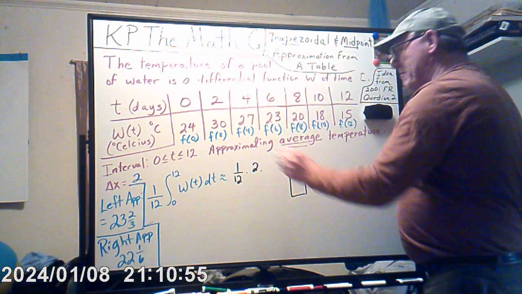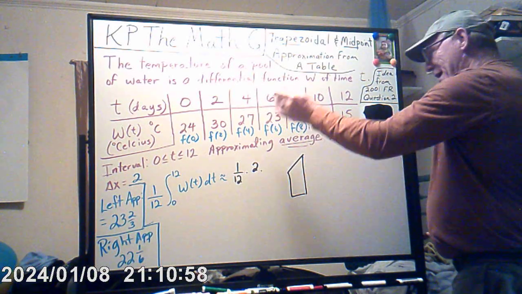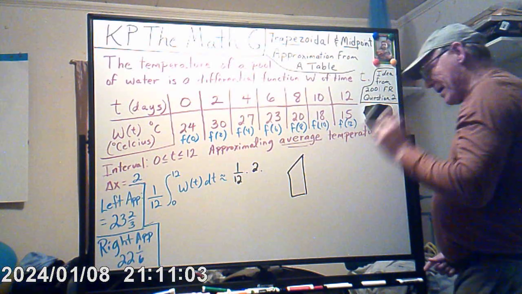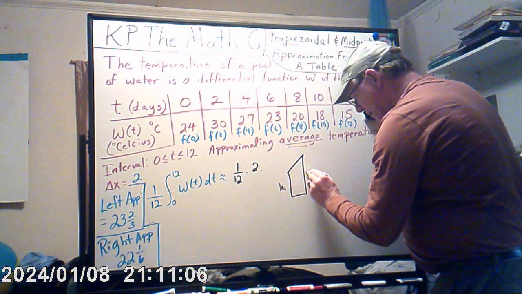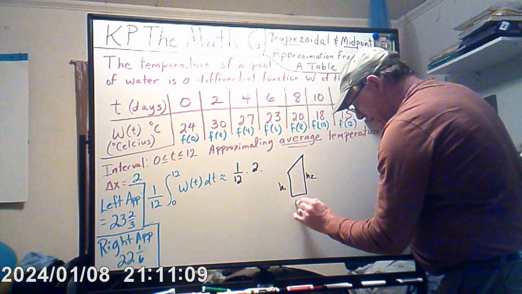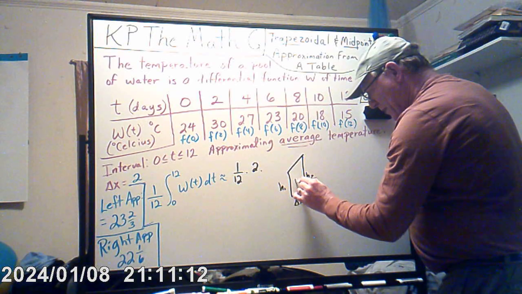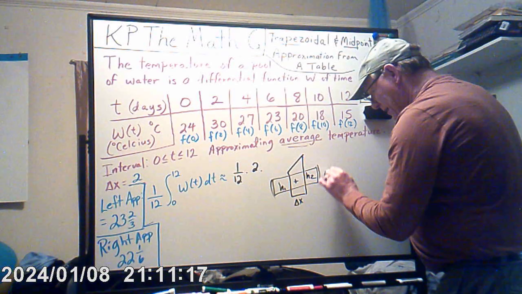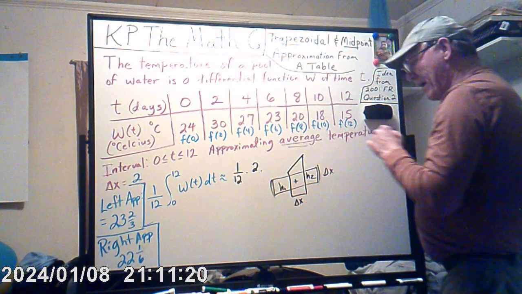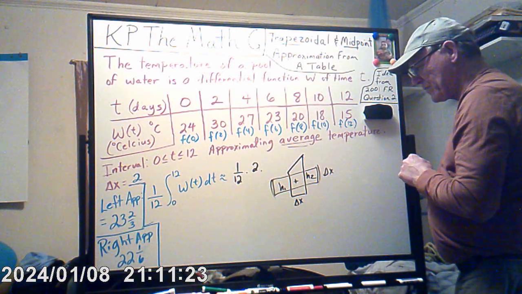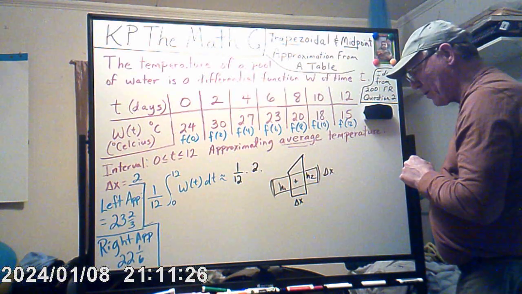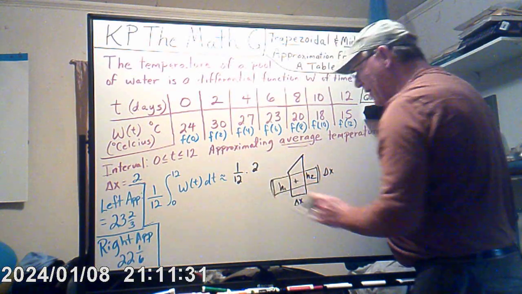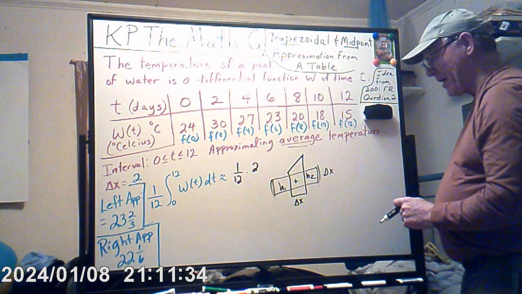In this case, it probably would be pointing up for a little bit and then pointing down as the temperature drops. So anyway, it is height 1 plus height 2, and then these two are together plus, and then times delta x, which is 2. I think that's pretty much what we have to do here. Alright, I was thinking that there was something else that I may be missing out on.